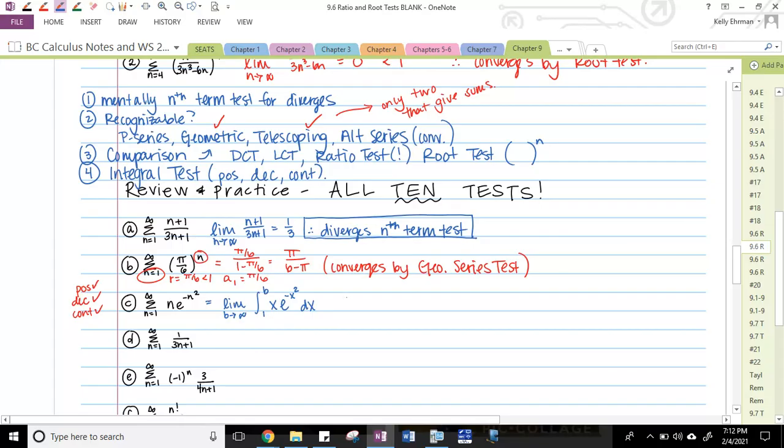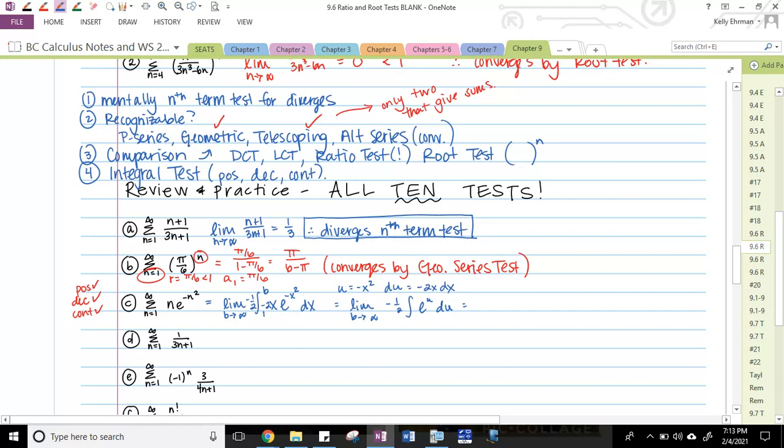I think this is a nice little u sub, right? U is negative x squared. Du is negative 2x dx. I need a negative 2. Toss in a negative 1/2. So now we have it as e to the u du.